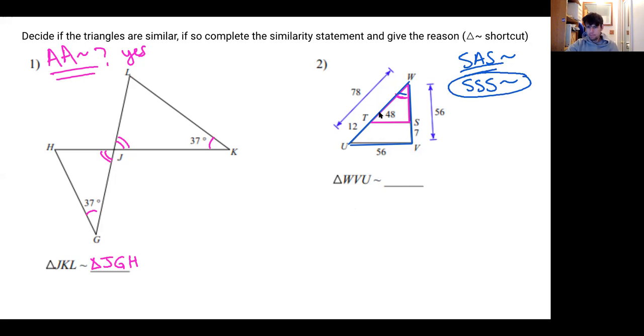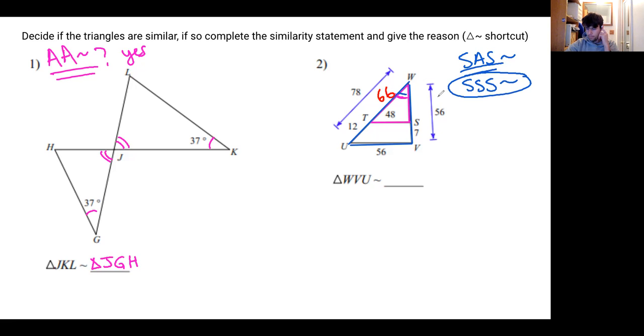The only thing I do notice here is I need to do a little calculating to figure out some of these sides, because I know the whole thing over here is 78, and then this piece TU is only 12. So 78 minus 12 is 66 for WT.